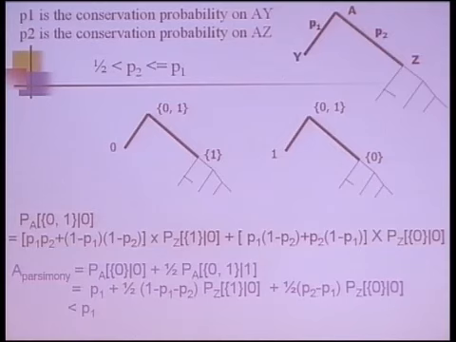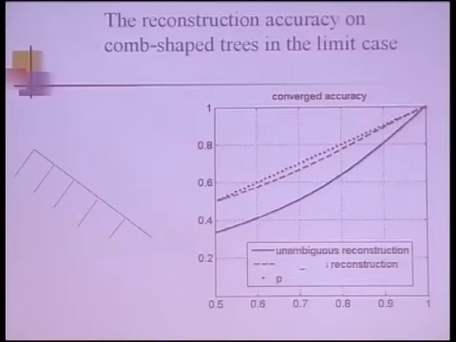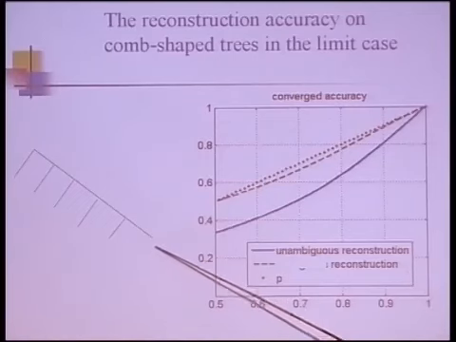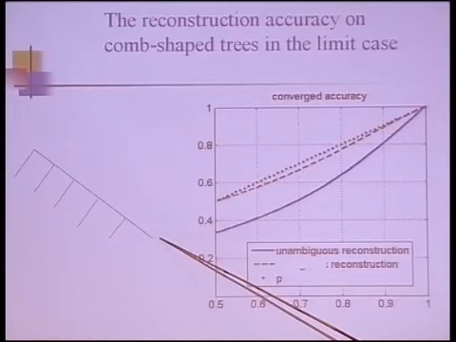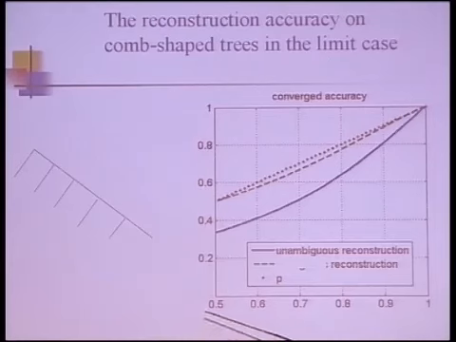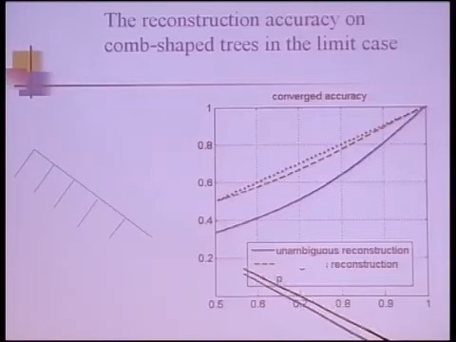However, the maximum likelihood cannot do better than this. By the way, if the tree is this kind of particular comb-shaped tree, then there is a formula to calculate the reconstruction accuracy in the limiting case.